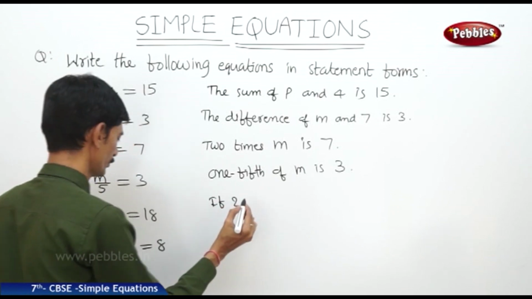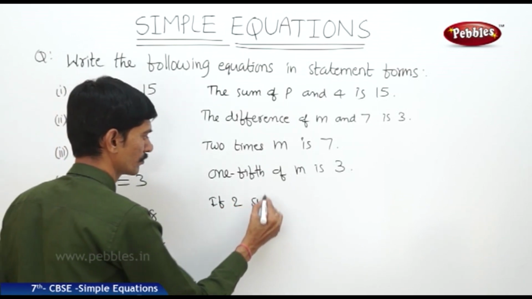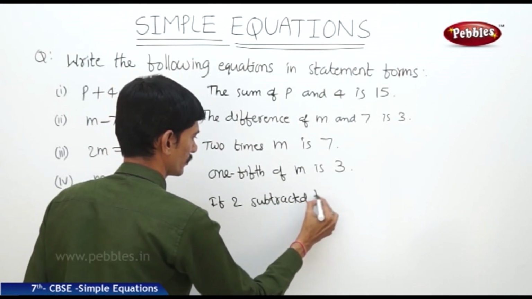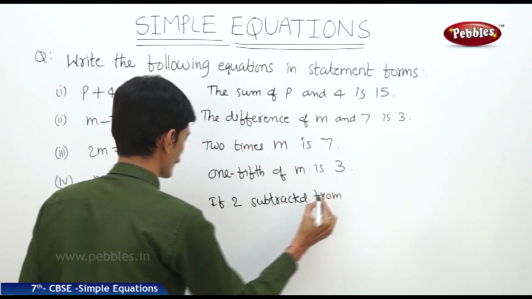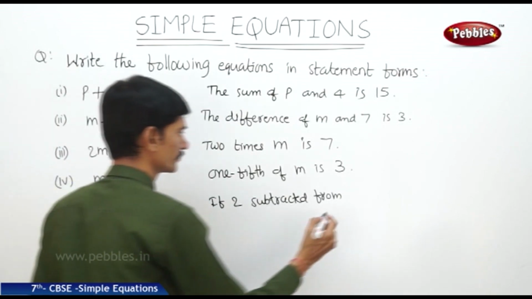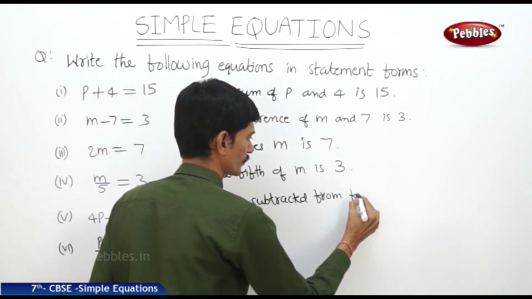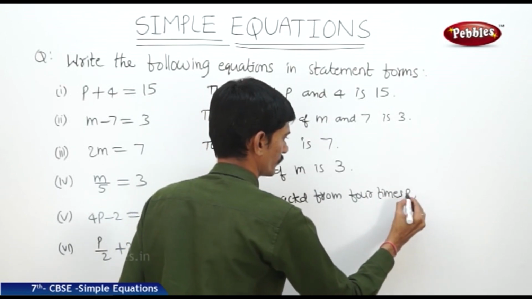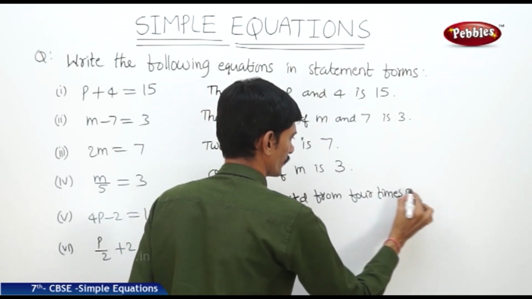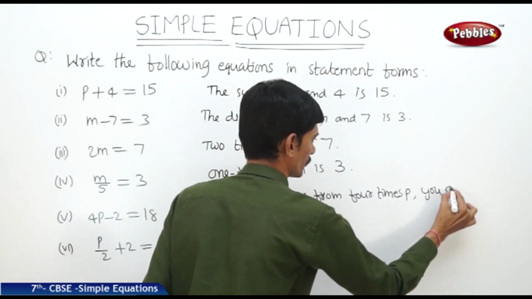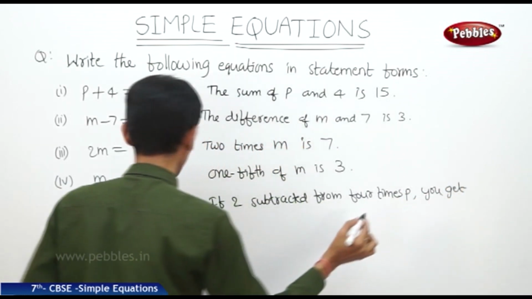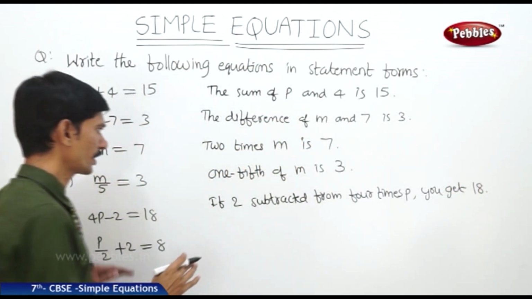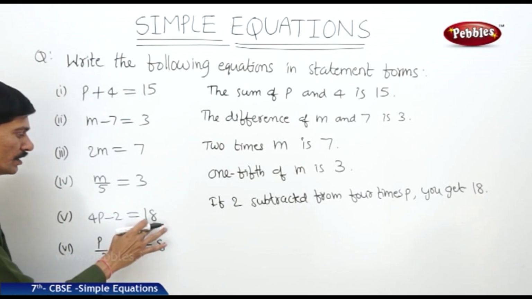If 2 is subtracted from 4 times p, then you get 18.